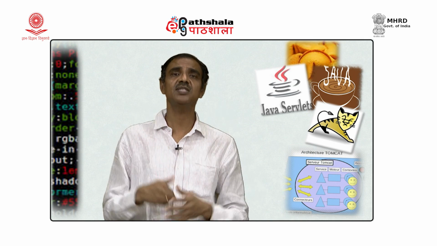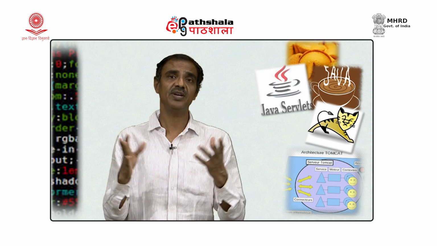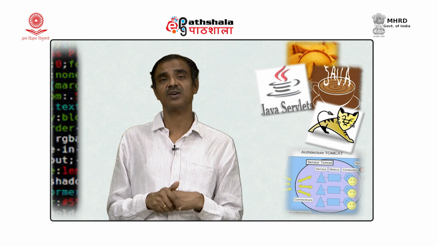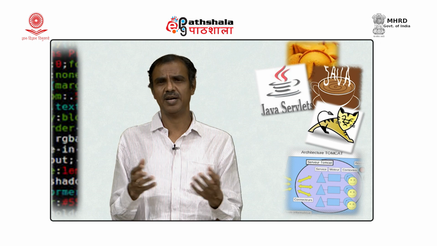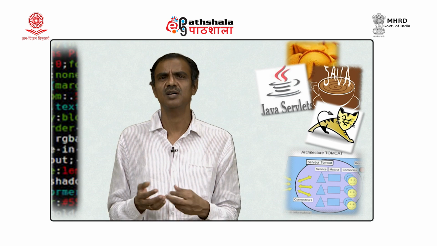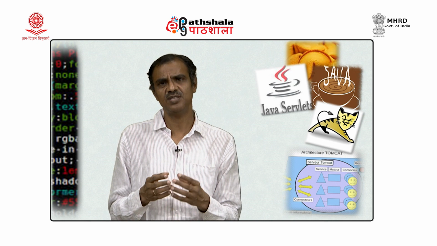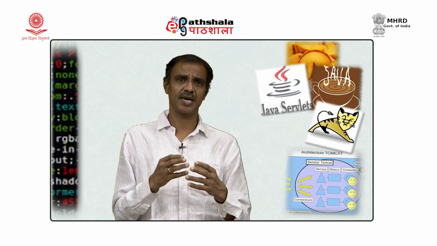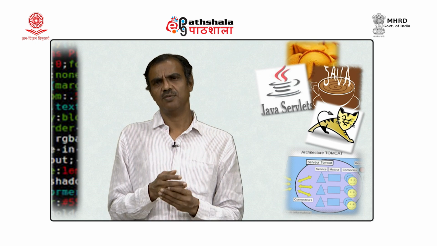We have these authorizing agencies, which we call CAs, the certifying authorities. There are lots of certifying authorities, like Thawte, Entrust, and a number of other such agencies.